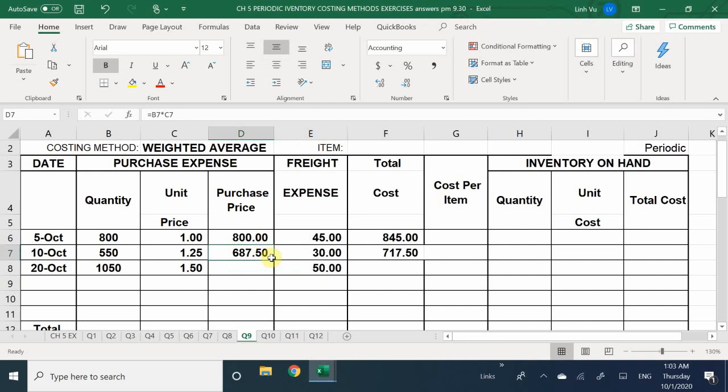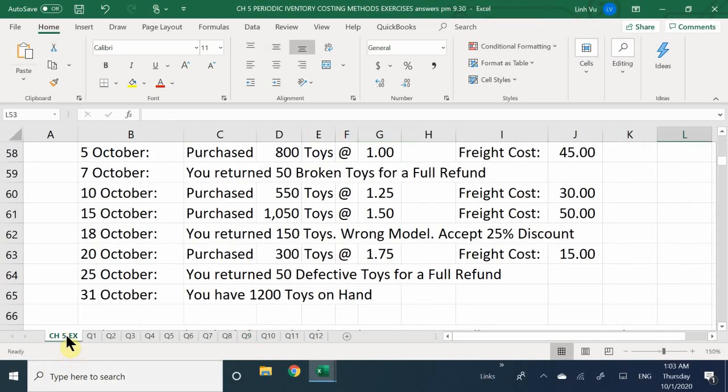My total purchase price is going to be $1575. And if we add $50 to it, it should give us a grand total of $1,626.50.